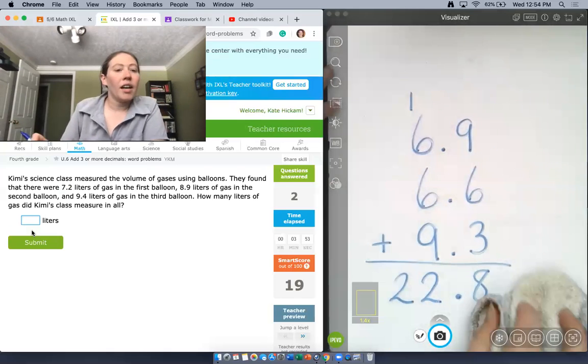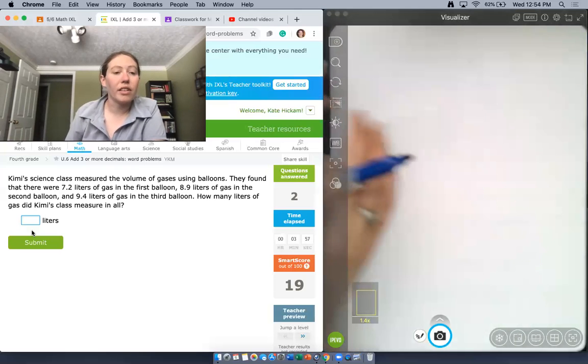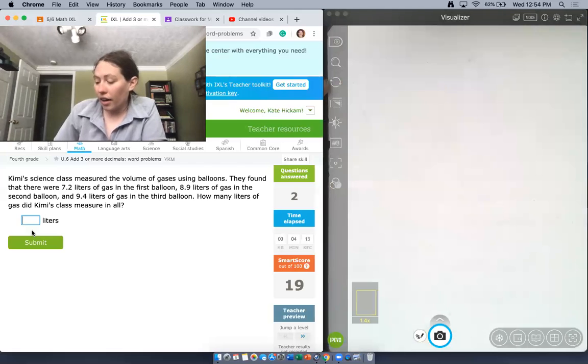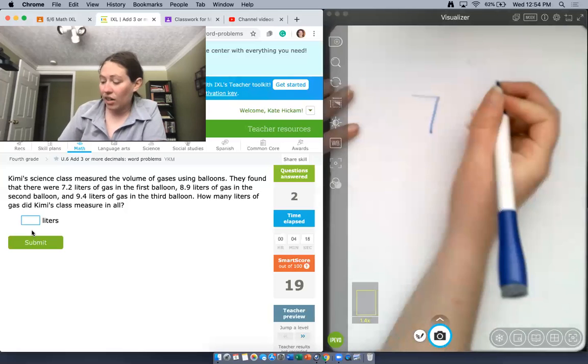Okay. Community science class measured the volume of gases using a balloon. They found that there were 7.2 liters of gas in the first balloon, 8.9 liters of gas in the second balloon, and 9.4 liters of gas in the third balloon. How many liters of gas did Kimmy's class measure in all? And I know some of this you might be like, Ms. Hickam, we can totally do this in our head.